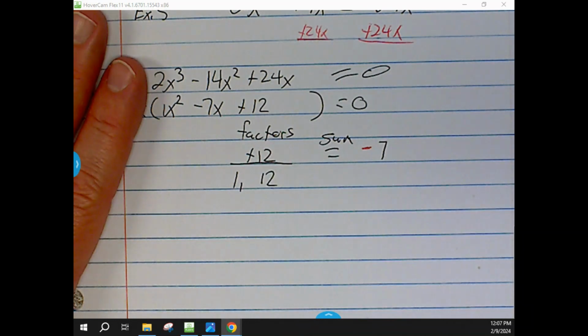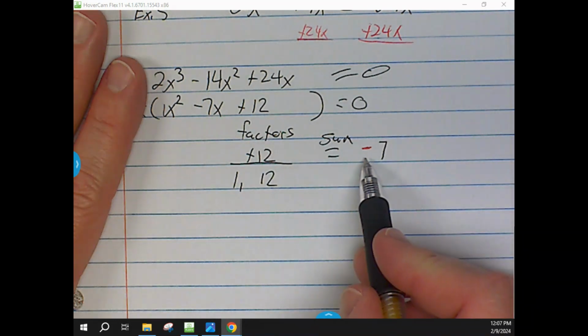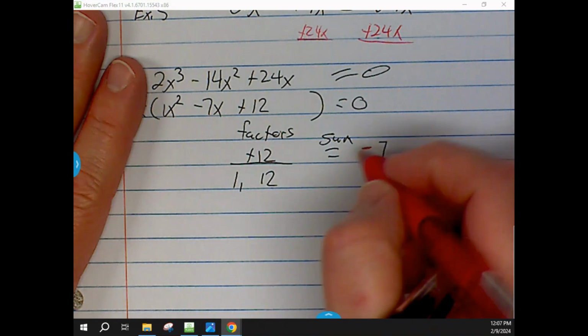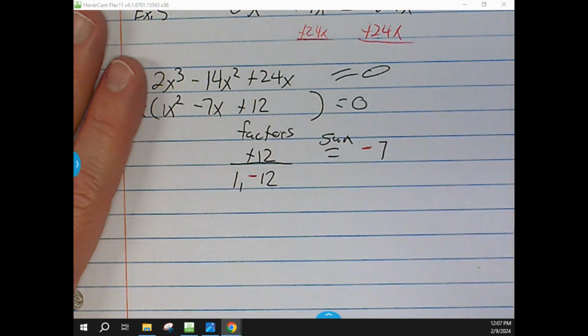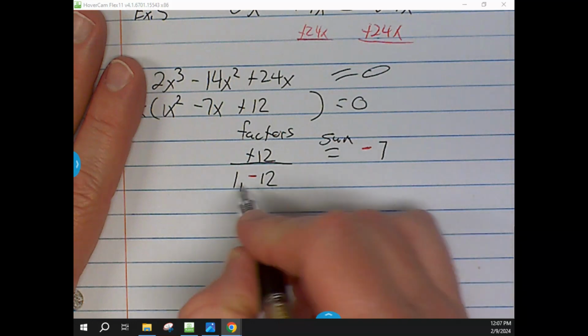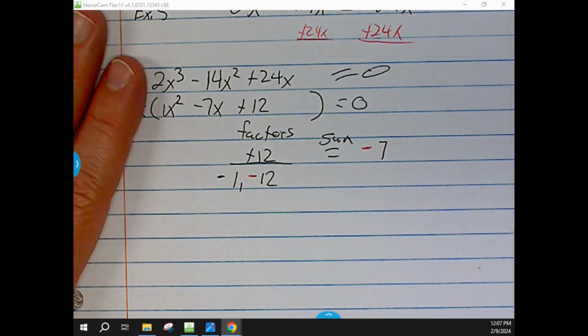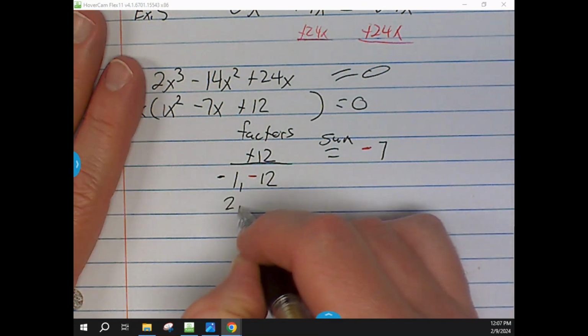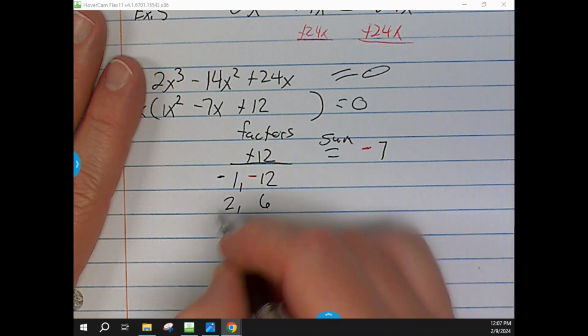Okay, so we know 12 starts off with 1 and 12. The sum is negative 7, so again, that sign goes with the bigger number. And if you multiply a positive and a negative, it makes the other number a negative. All right, so that won't work. So if we go 2 and 6, again, both negative.